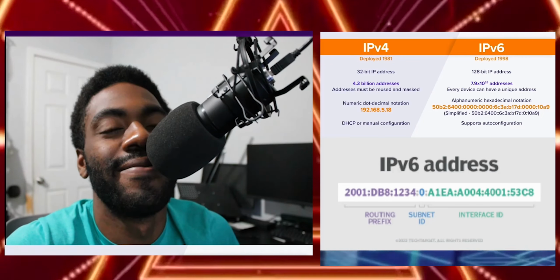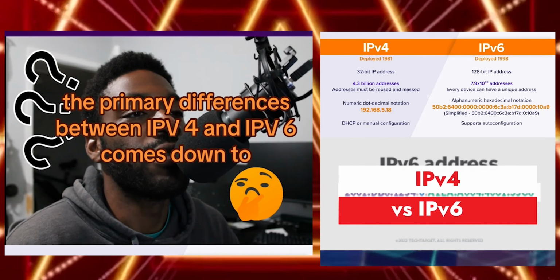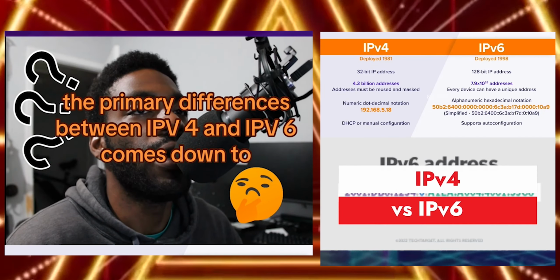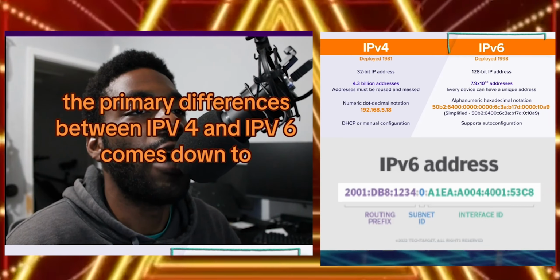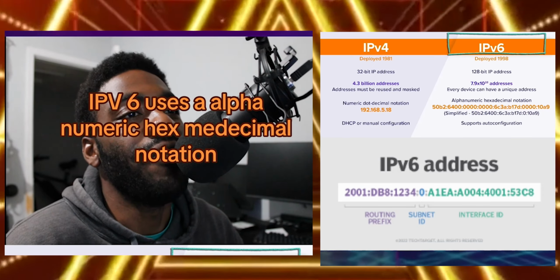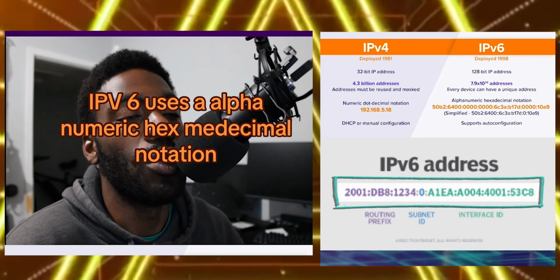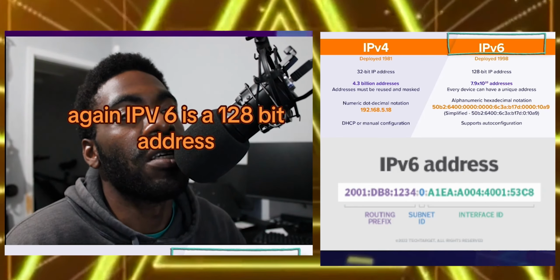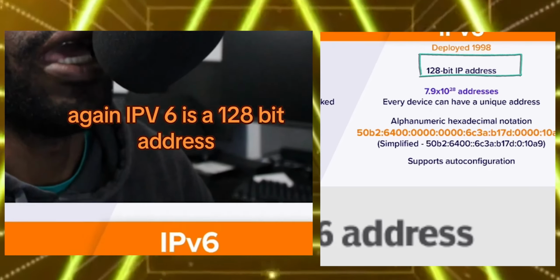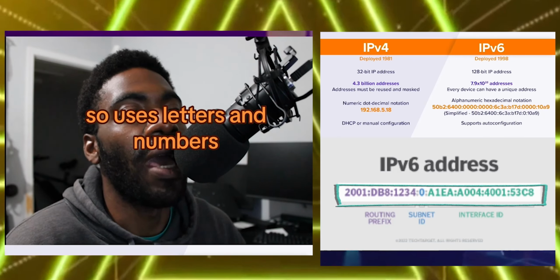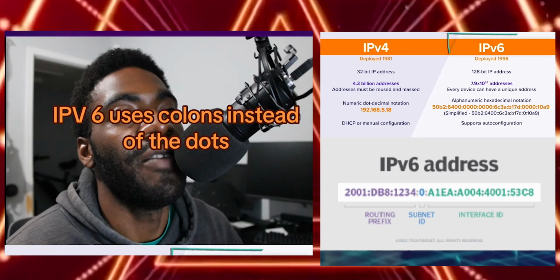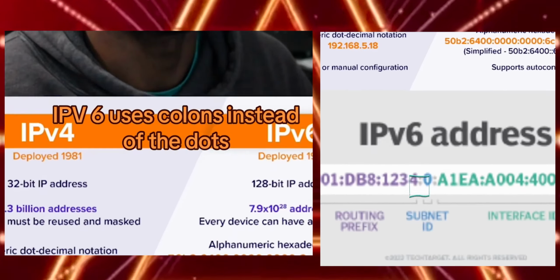So the primary differences between IPv4 and IPv6 comes down to IPv6 uses an alphanumeric hexadecimal notation. Again, IPv6 is a 128-bit address, so it uses letters and numbers. Another thing to note is IPv6 uses colons instead of the dots.